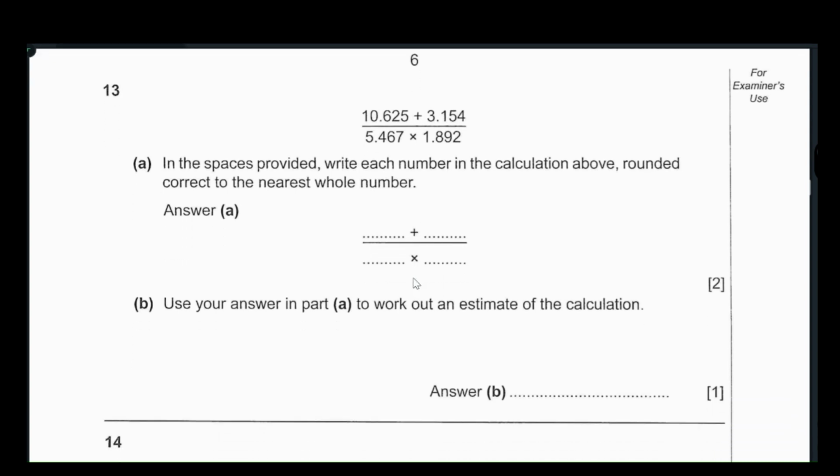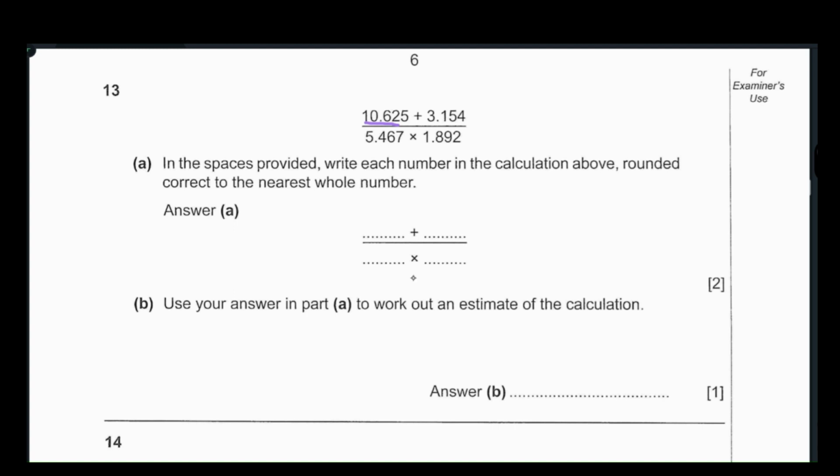Question 13. In the spaces provided, write each number in the calculation above, rounded correct to the nearest whole number. Okay. Whole number, all we want is just numbers without commas or numbers after the comma.